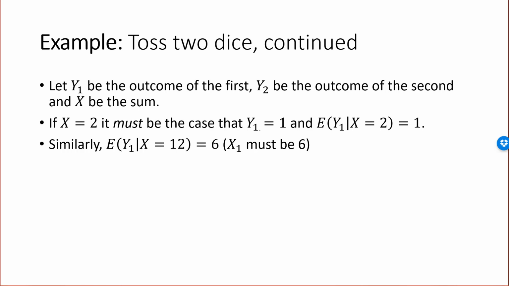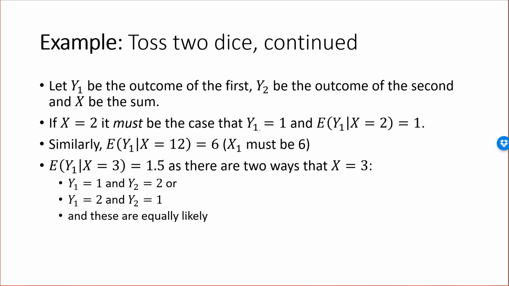And for a slightly more difficult example, let's say that we want to look at the expected value of y1 given that x is equal to 3. Well, if x is 3, you know that the sum is 3. One out of two possible things must have happened. Either the first die turned out to show a 1 and the second one came out a 2, or the opposite happened.